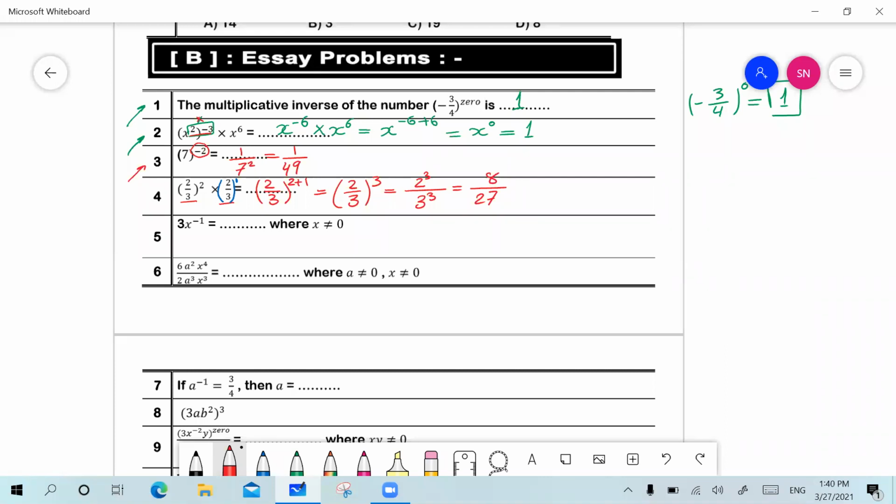Welcome. So again, since here I have the same base, I'm going to add powers because I'm multiplying.